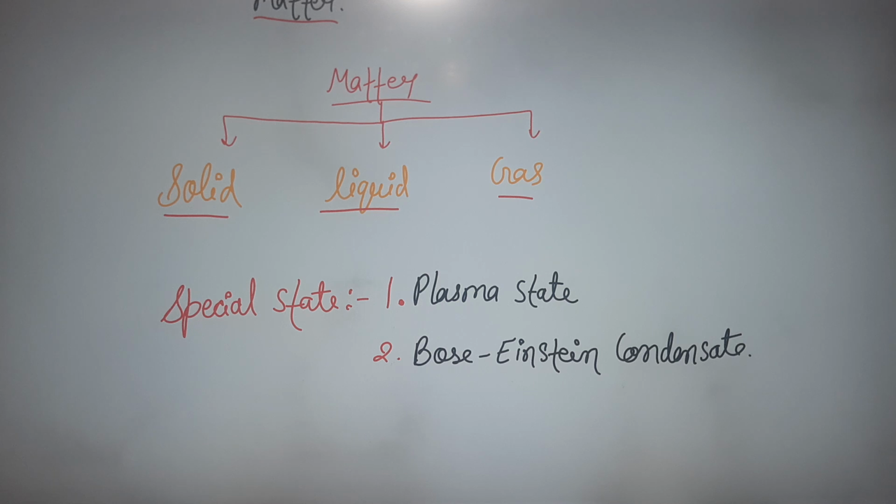And matter is classified on the basis of physical state into three general states, that is solid, liquid and gas. And there are two special states, named plasma state and Bose-Einstein condensed state.